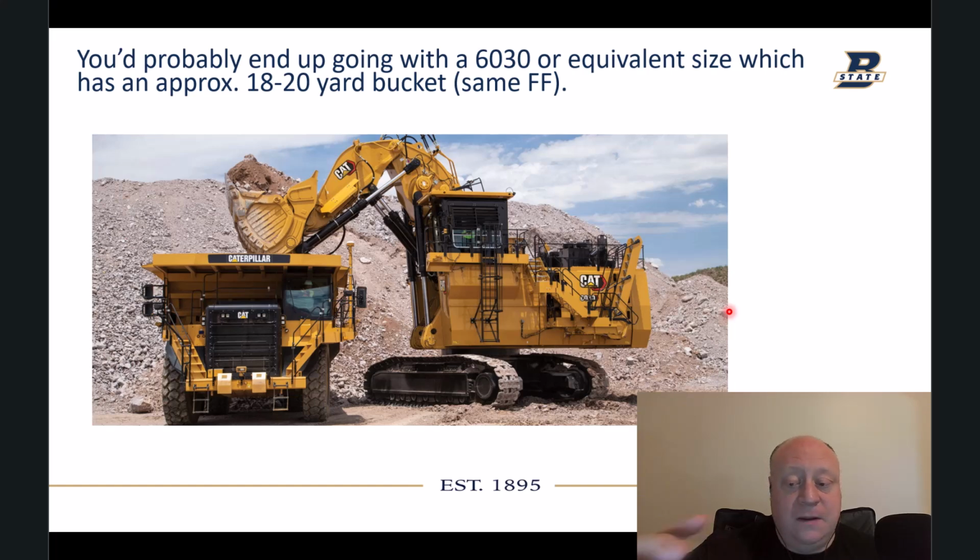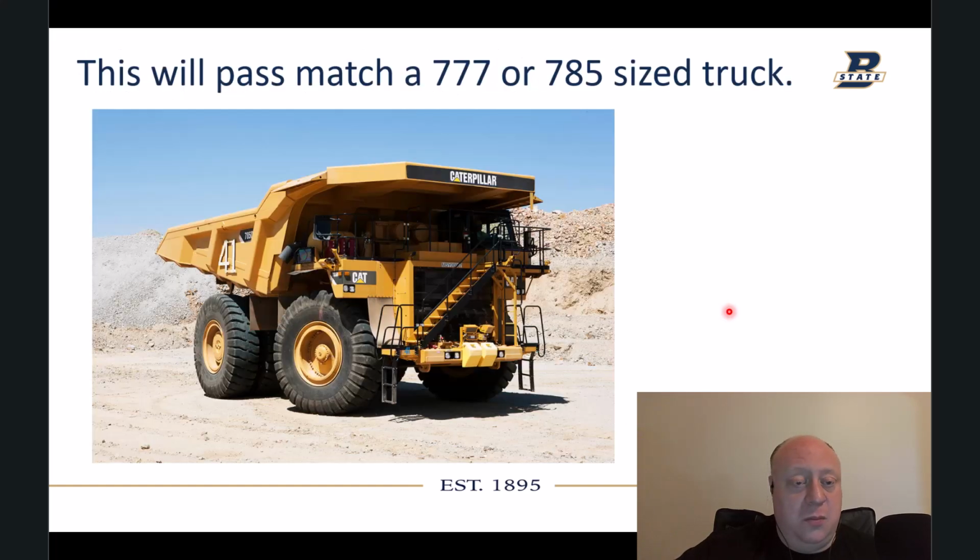However, that'll pass match at 777 or 785. So it's the next size down truck, and this is a pretty common size for a large contour in Central Appalachia or Southern West Virginia.